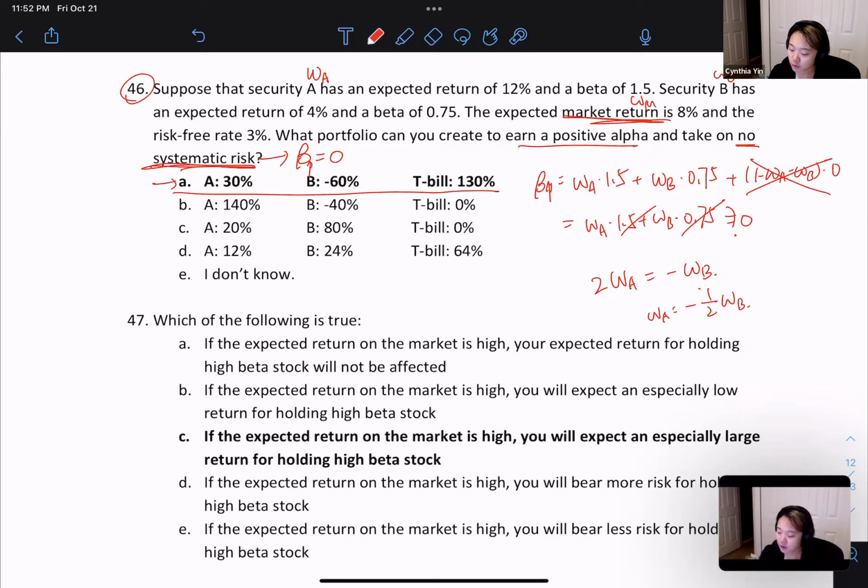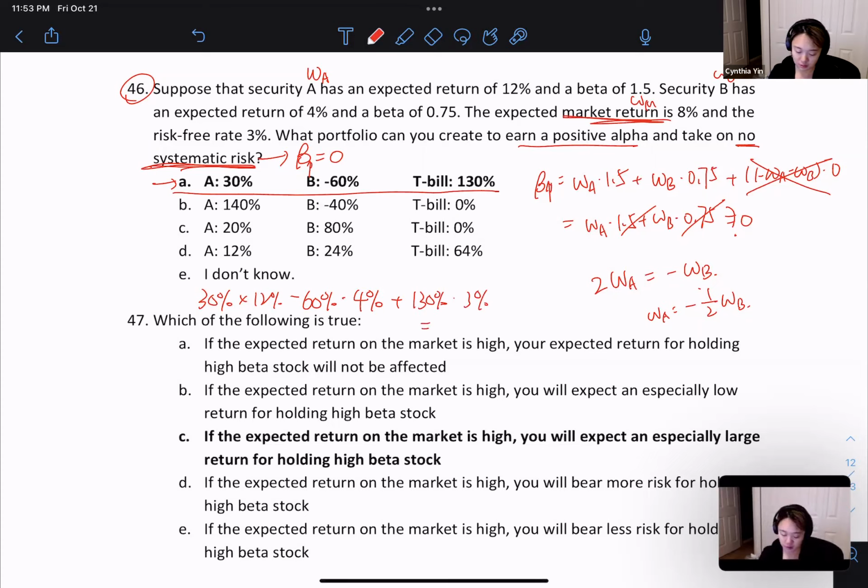Your expected return will be 30% times 12% minus 60% times 4% plus 130% times the risk-free 3%. And how much is this one? Let me see.